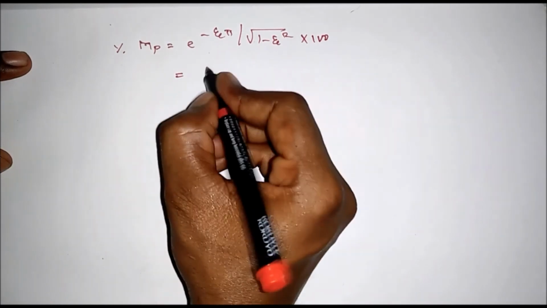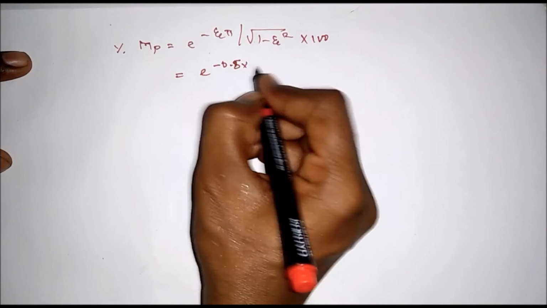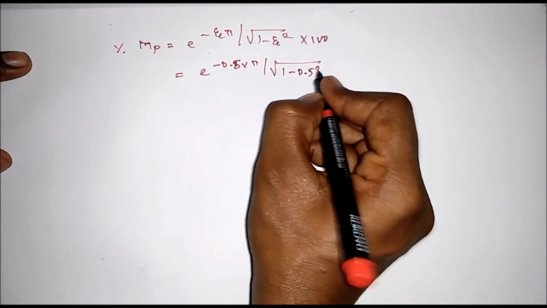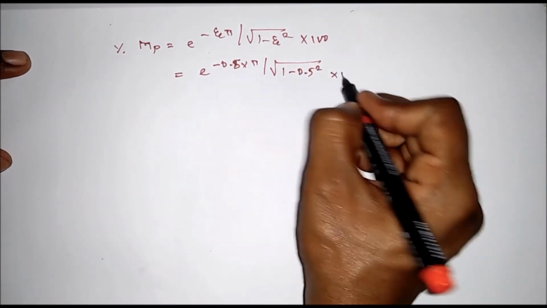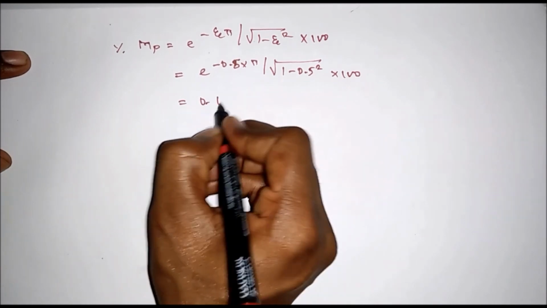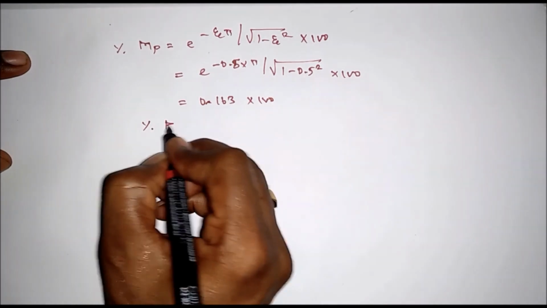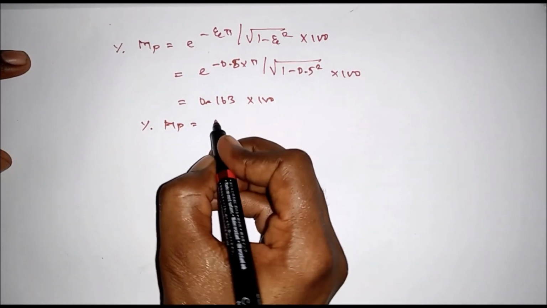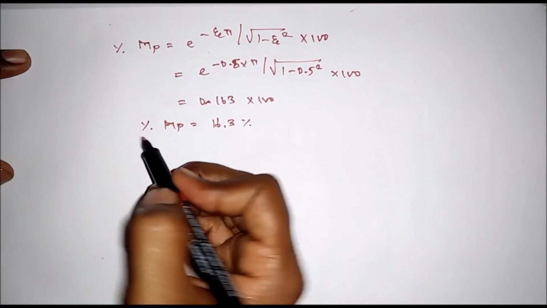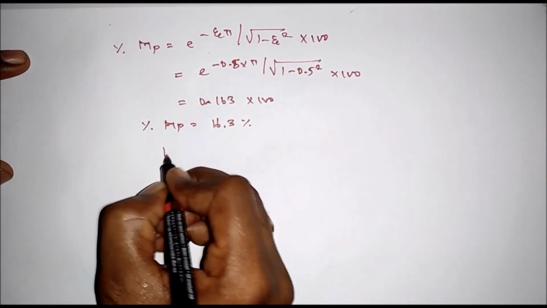Substituting eta equal to 0.5 and the value of pi, we get 0.163 into 100. Therefore, percentage peak overshoot equals 16.3%.